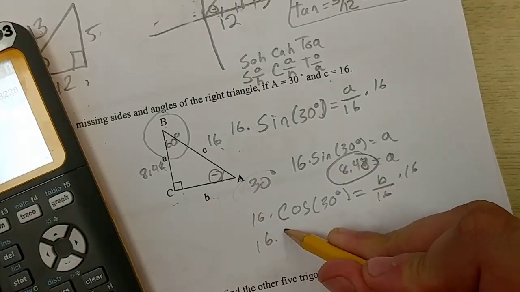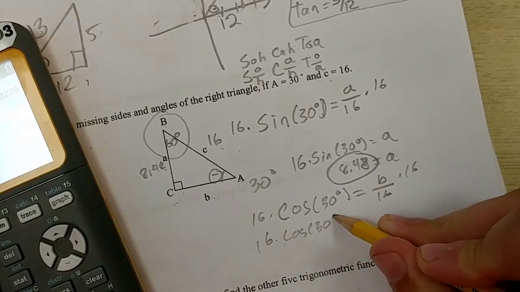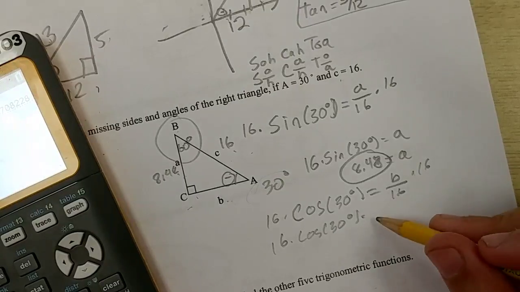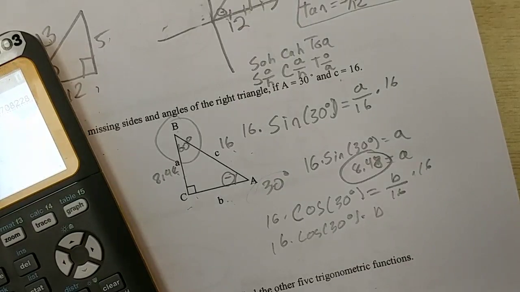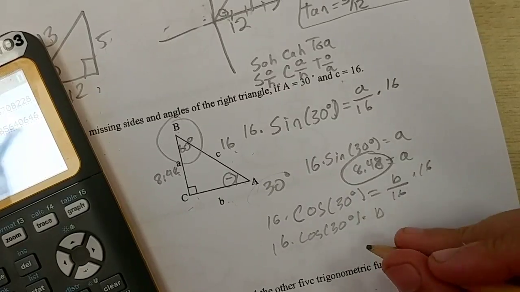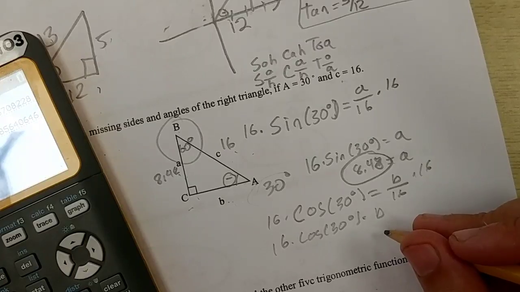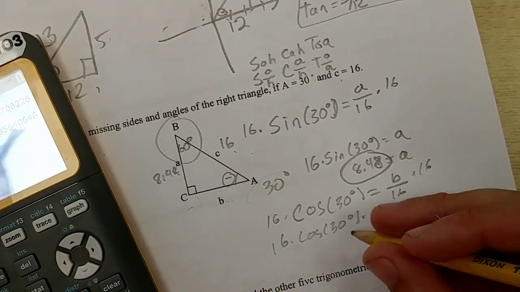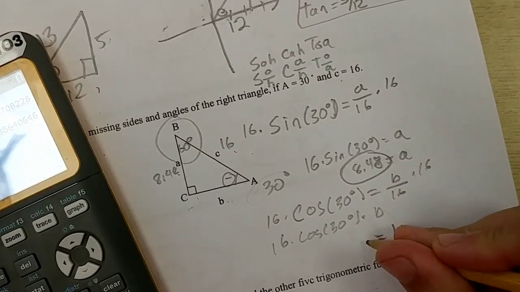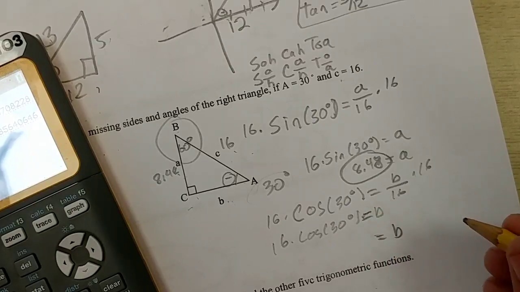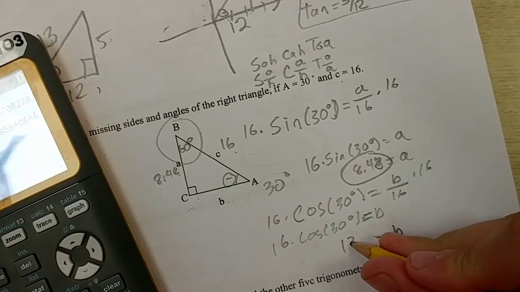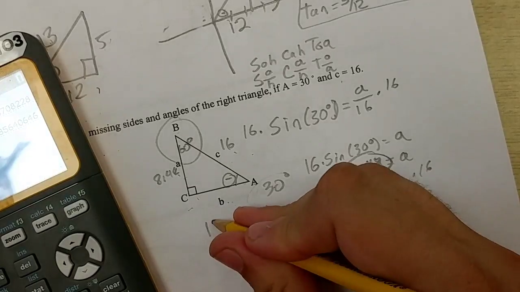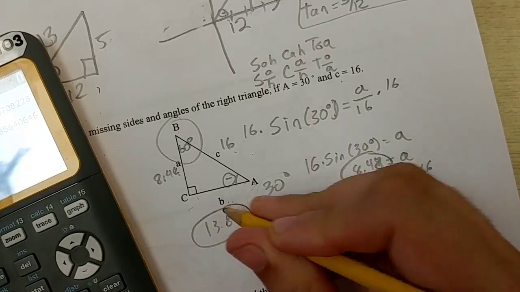So 16 times cosine 30 degrees equals b. So that's 16 times cosine 30, which is, is this in the right mode? Yeah. Which is b equals 13.85. Okay?